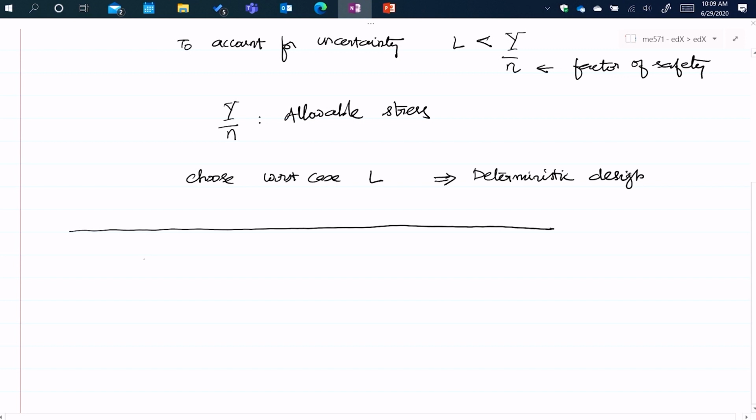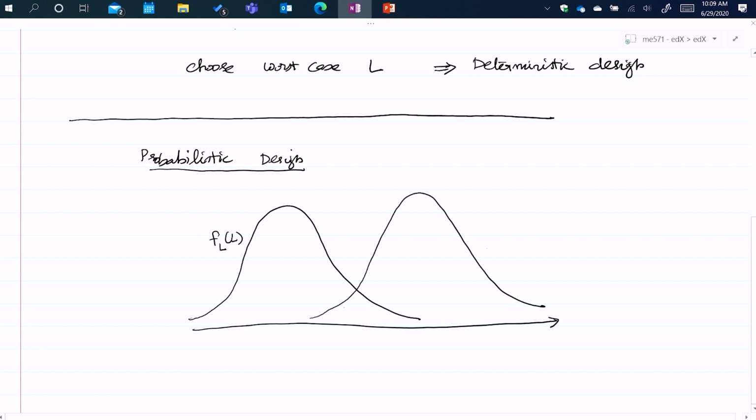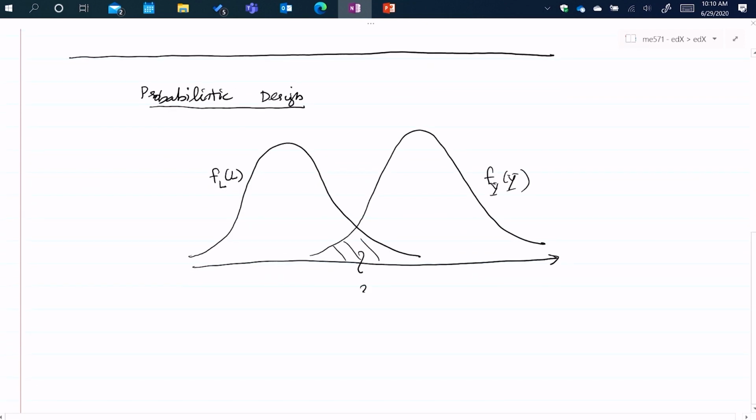And what we will do here in this course is probabilistic design. So we have a load distribution, F sub L of L, and a strength distribution, defined by F sub Y of Y. And we have an at-risk population here, which we don't know, and we would like to figure it out.